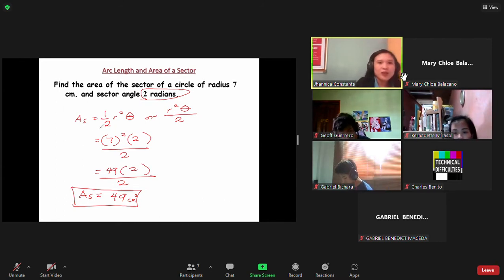Okay, let's have another example for this formula that we have, the second formula using the radius and the central angle of our circle.